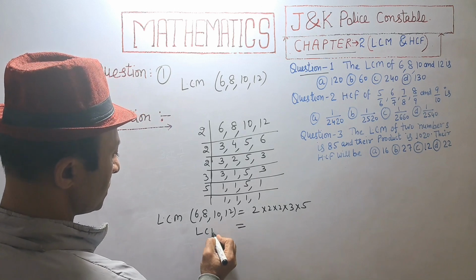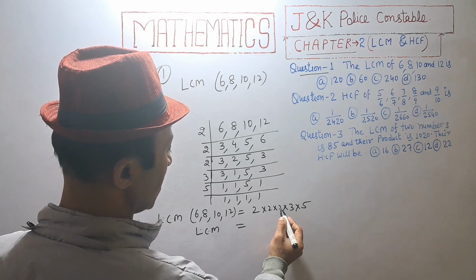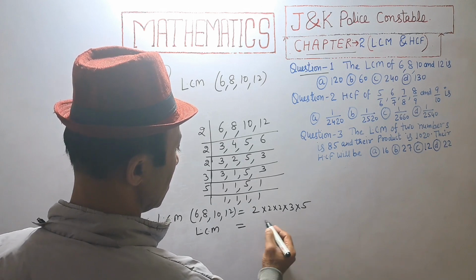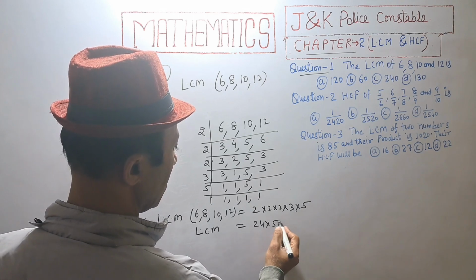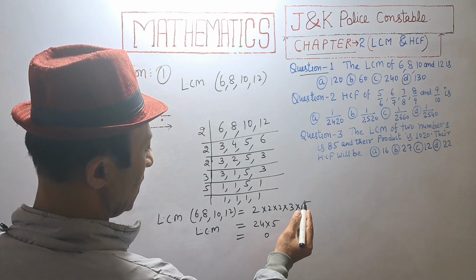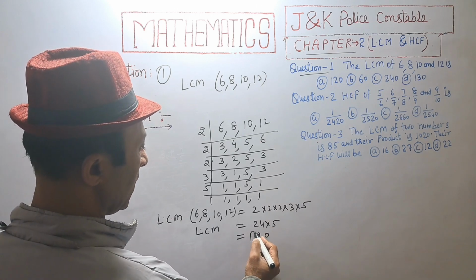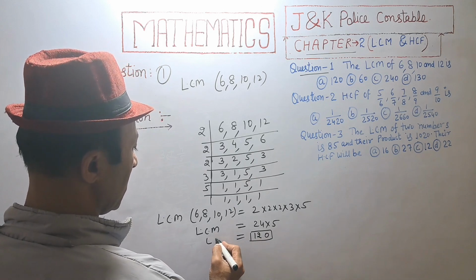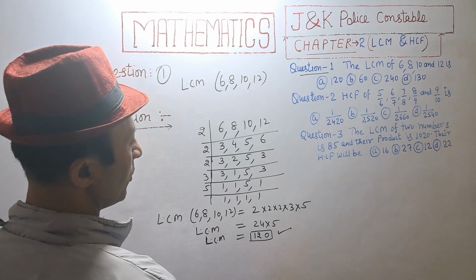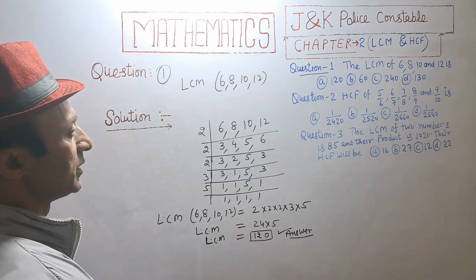That is equal to, 2 2s are 4, 2 4s are 8, 8 3s are 24, and 24 5s are, 5 4s are 20, 2 carry, 5 2s are 10 plus 2, 12, that is 120. LCM is equal to 120. Answer.